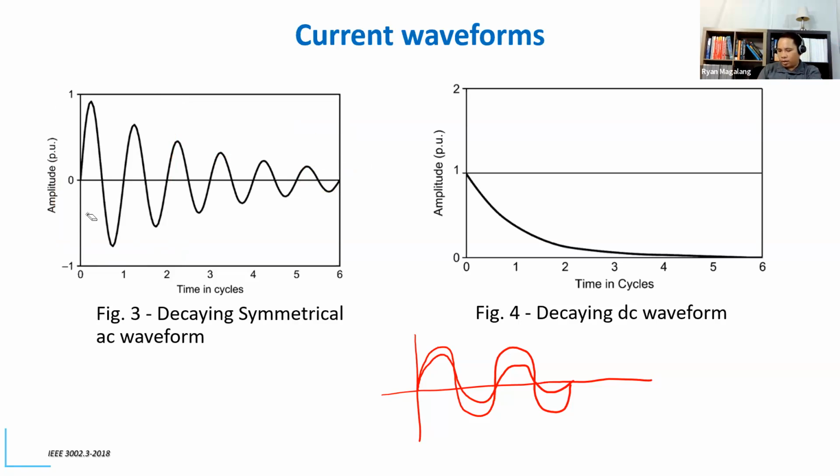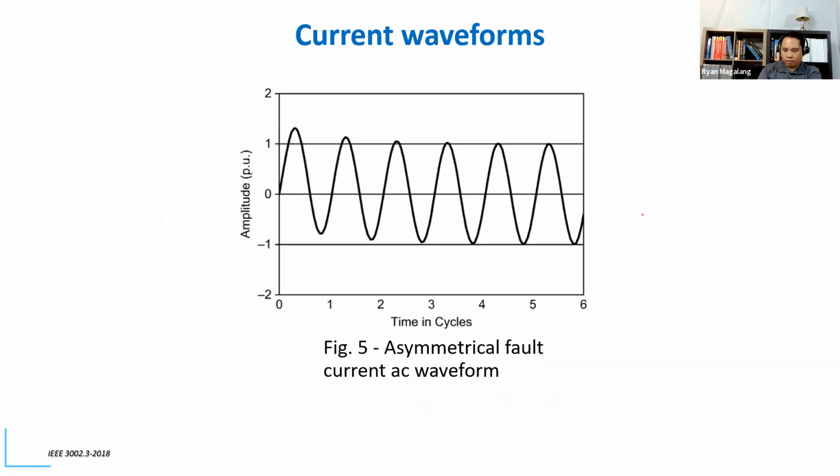Now, what about this decaying DC waveform? This is related to the XR value of your fault. Like I said, the higher the value of your XR, the more prolonged this decaying DC will be, and we'll see that.